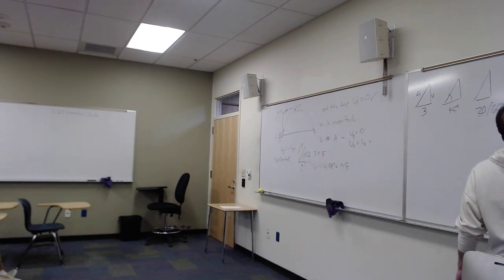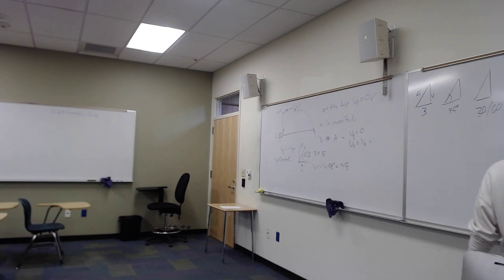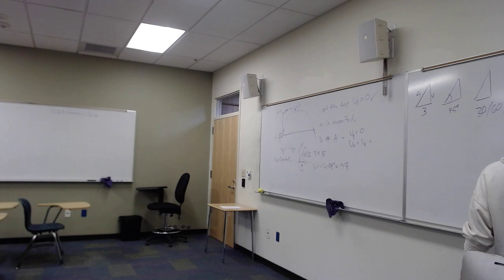So 1, we know Vy equals 0 at the top. 2, we know Vx is constant. 3, we know that Vy at y equals y naught is going to be negative Vy naught.